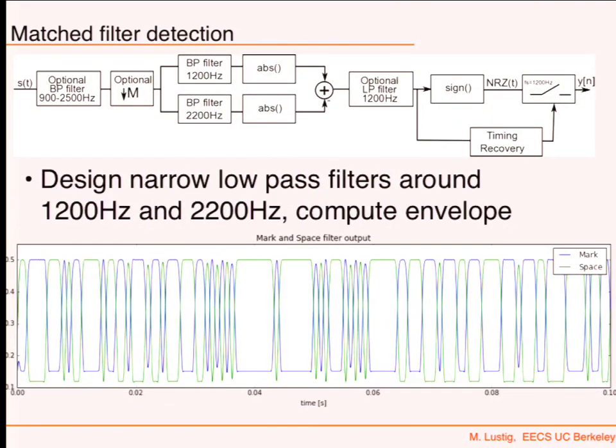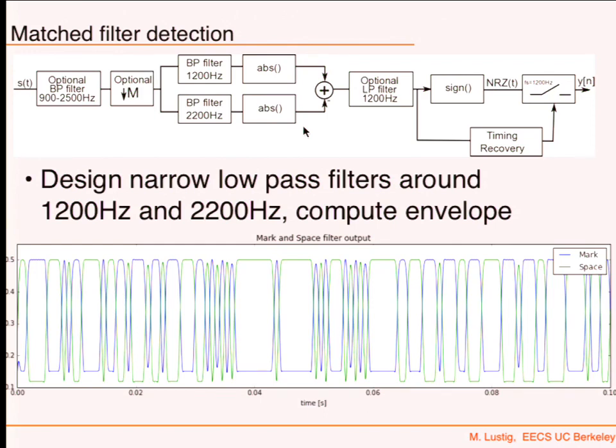So this is the idea. What you're going to do is design the low-pass filters and also bandpass filters around 1200 and 2200, and then compute the envelopes. So this would be the result at this point, here and here. I'm overlaying the result, right? It's pretty cool.